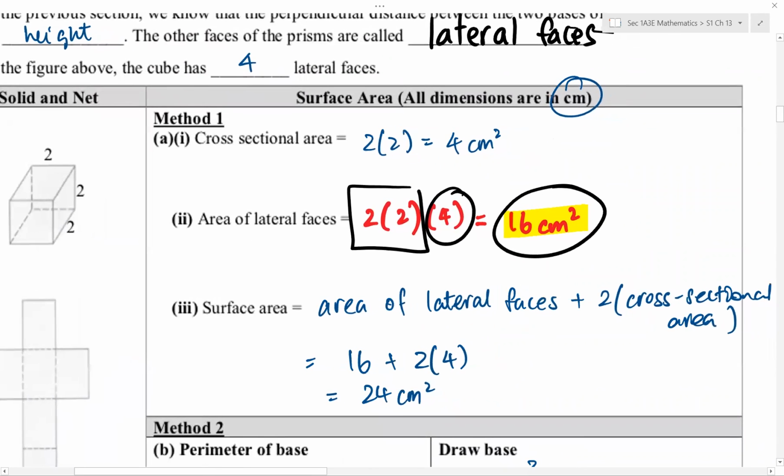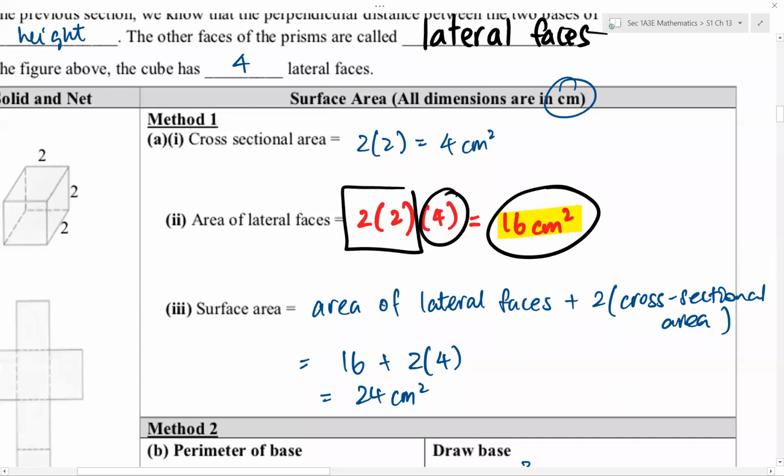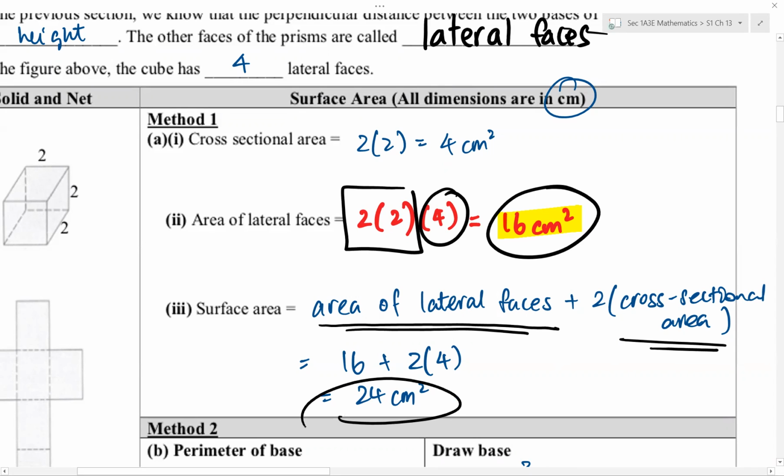So if I want the total surface area, it will be the area of the lateral faces, the one highlighted in yellow, plus 2 times the cross-sectional area, top and bottom. So total 24. For a cube, you probably will think, hey, why not just take 2 times 2 times 6? Yeah, it works for a cube, but it doesn't work for other objects.